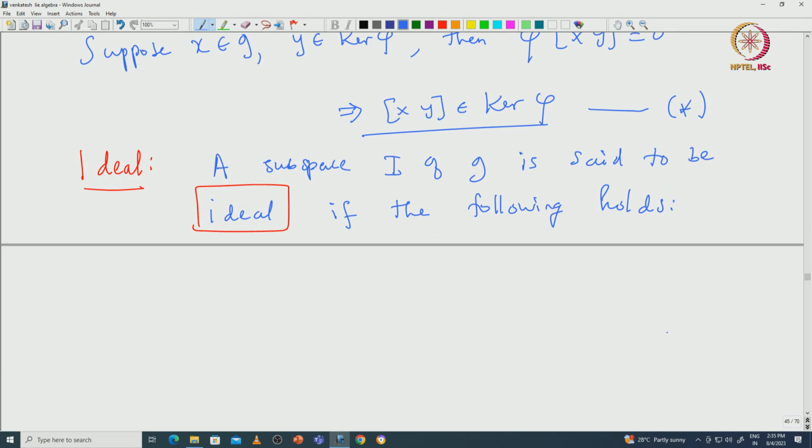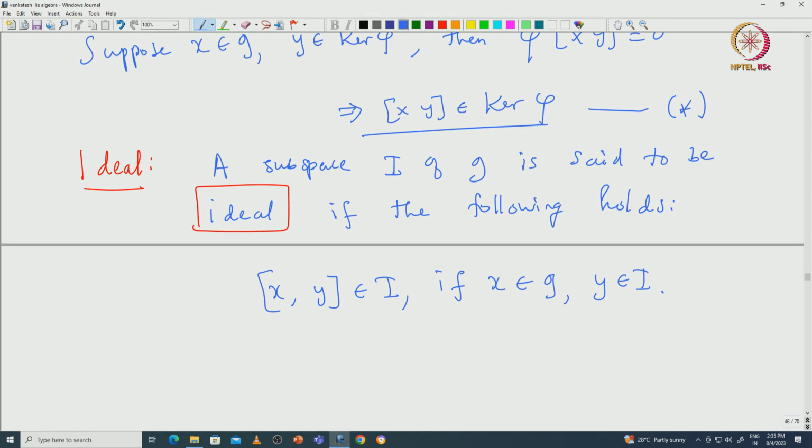Whenever you take x from G and y from I, then the bracket of x y should be in I. That is the property. If a subspace satisfies this property, then we call it an ideal.